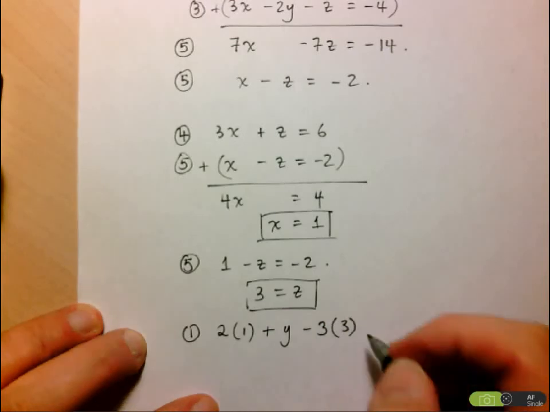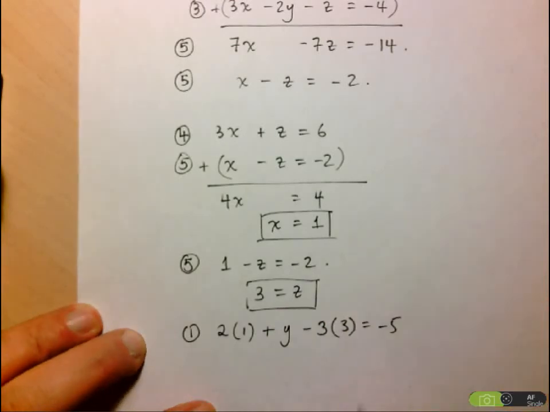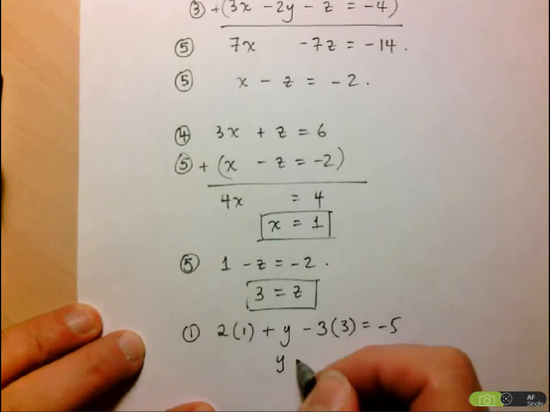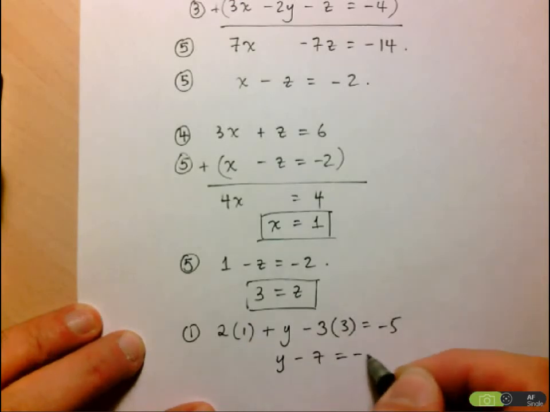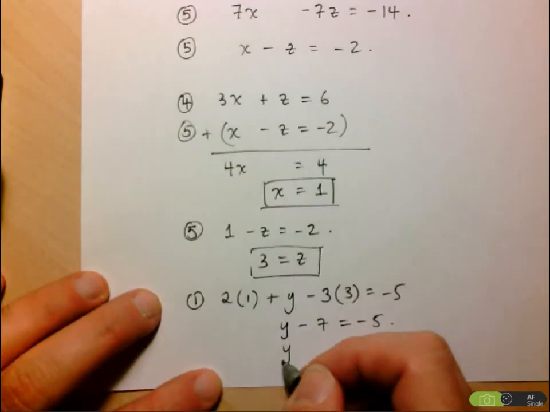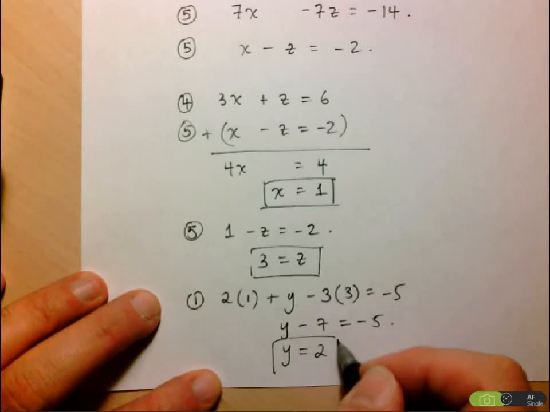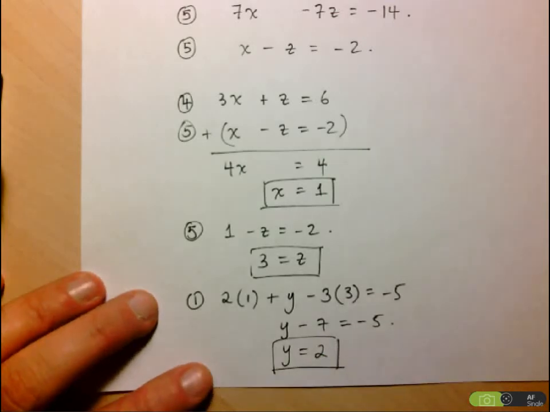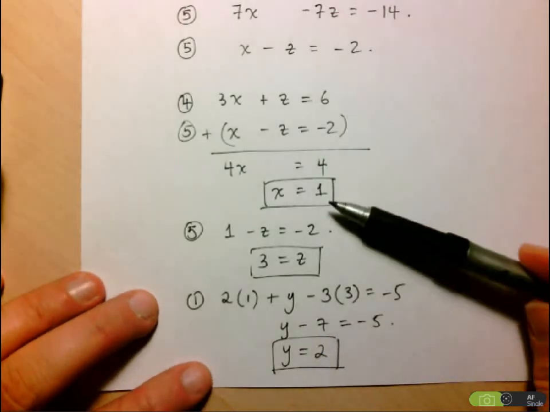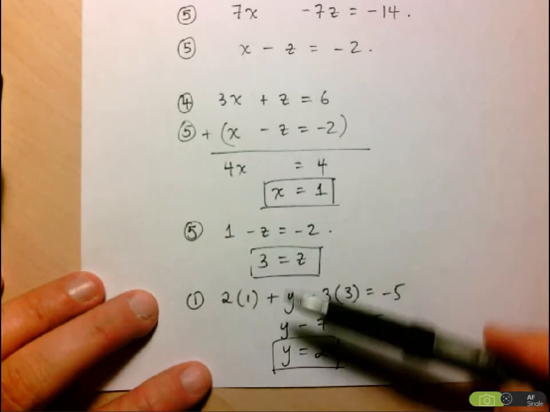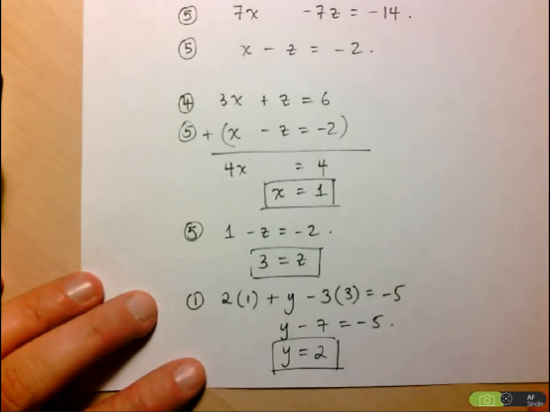So I can input that. That's equal to -5, so I'm left with 2 minus 9 is -7, so y minus 7 equals -5, and so y is just equal to -5 plus 7, which is 2. Okay, so these are the solutions to my system of equations.